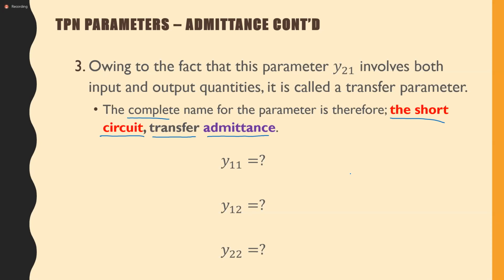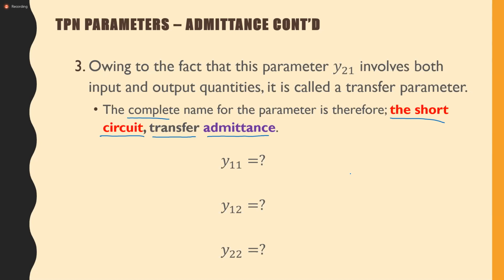All right, sir. The short circuit non-transfer admittance. All right, you're thinking. But what is it that we are dividing to get Y11? Sir, current by voltage. Okay, but which current? I1 and V1. And what does I1 represent? Input current. And what does V1 represent?